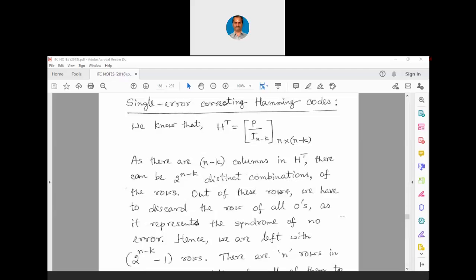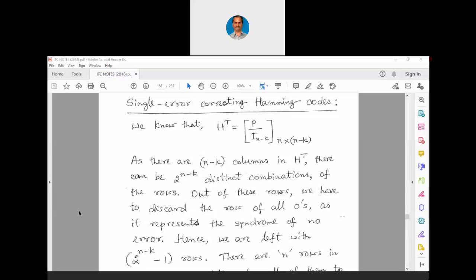Now out of these rows, we have to discard the row of all zeros, because all zeros means no error. Syndrome vector, when we get 0, that means no error. Such an all zeros row need not be there in H transposed, because if you have all zeros in one row, then as there will be no errors, it is simply occupying the space in that particular matrix, which is of no use.